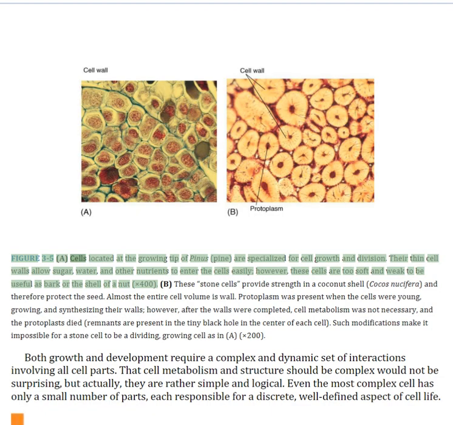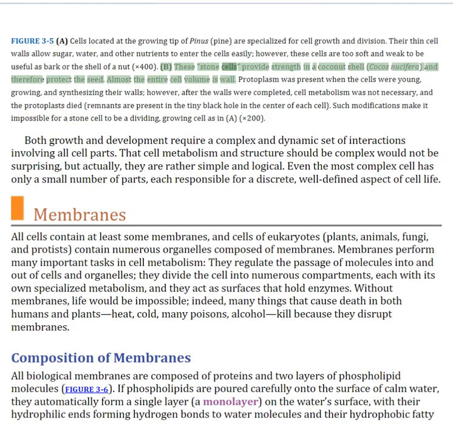Figure 3.5 Cells located at the growing tip of Pinus are specialized for cell growth and division. Their thin cell walls allow sugar, water, and other nutrients to enter the cells easily. However, these cells are too soft and weak to be useful as bark or the shell of a nut. These stone cells provide strength in a coconut shell and therefore protect the seed.